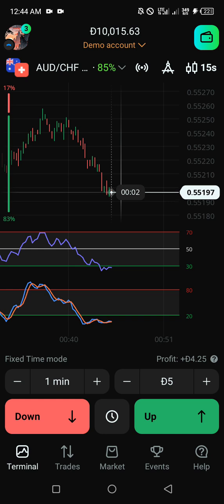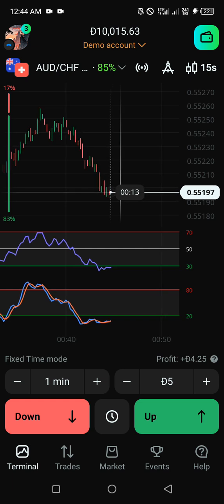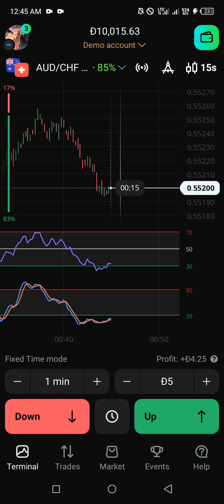The 70 and the 30 lines in the RSI indicate overbought and oversold respectively, and the same is true for the stochastic oscillator. Now let's make our trades. For the sake of this video, I would also like to mention that the reason why I'm sticking to a 1 minute trade duration is just to make this video concise and not too lengthy to bore you.